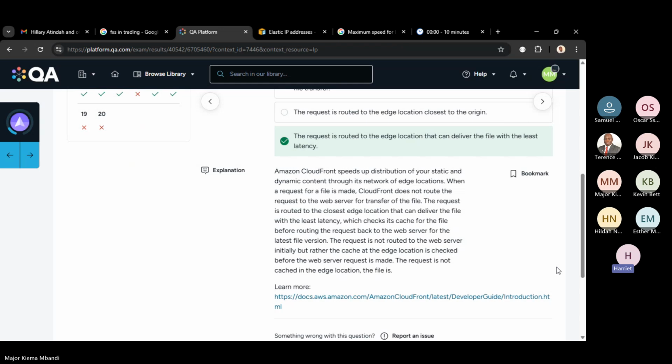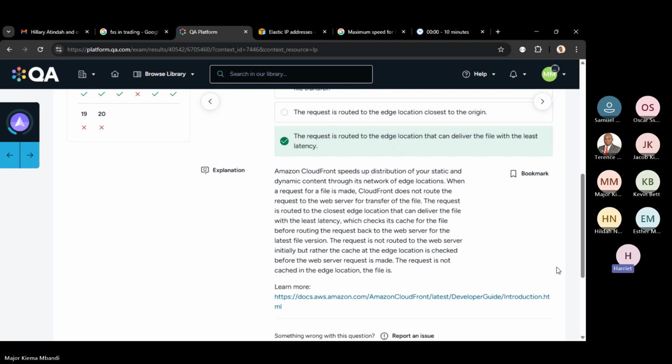The request is routed to the closest edge location that can deliver the file with the least latency, which checks its cache for the file before routing the request back to the web server for the latest file version. The request is not routed to the web server initially, but rather the cache at the edge location is checked before the web server request is made. The request is not cached in the edge location, the file is.